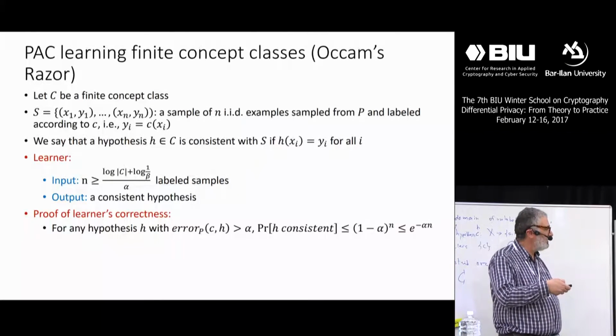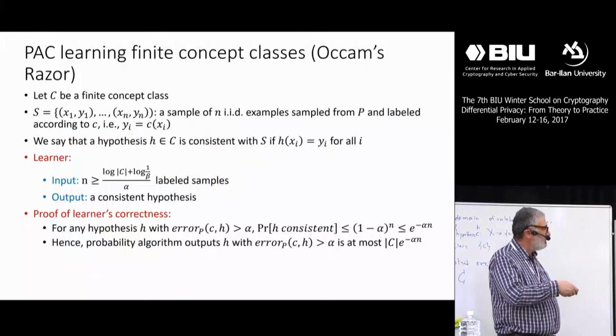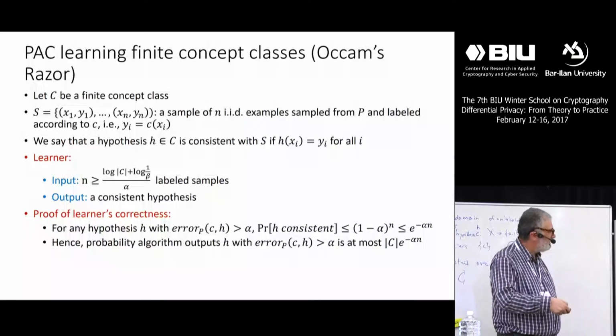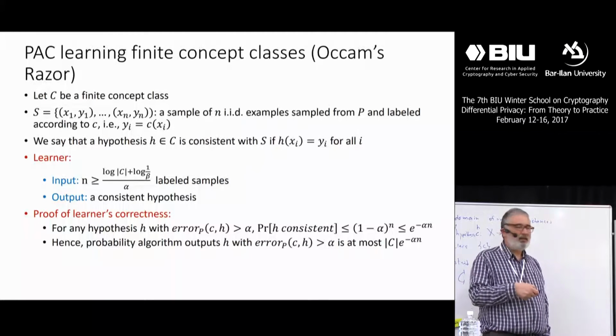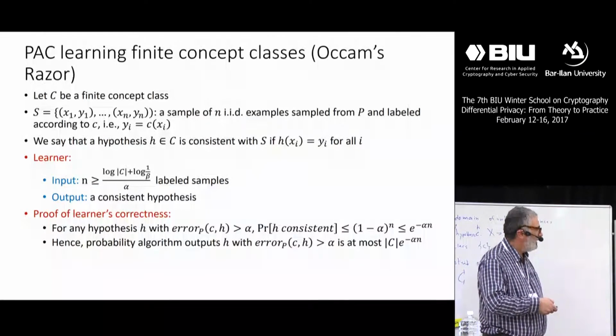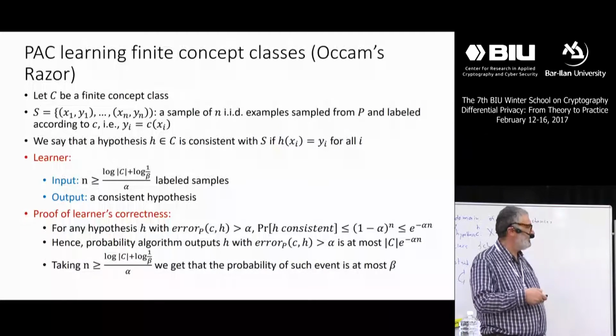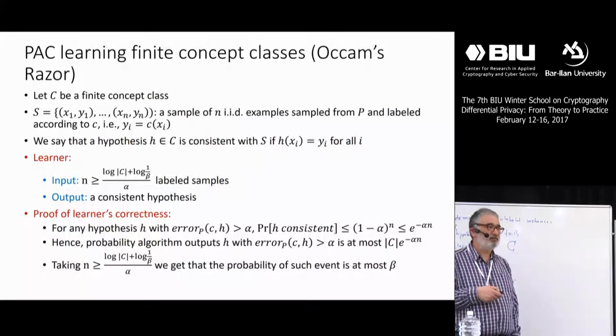We repeat it n times, and that gives what we need. There are at most |C| minus 1, but I will write |C| here, bad concepts that could mislead us. And using the union bound, we get that taking this n should suffice. This bound on n should suffice. Okay?